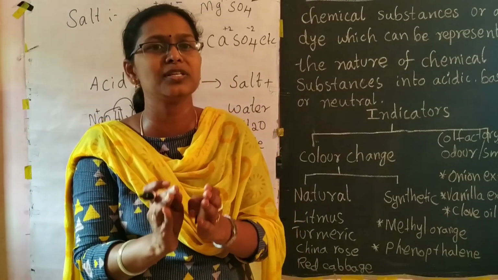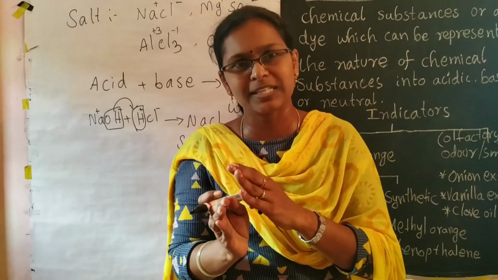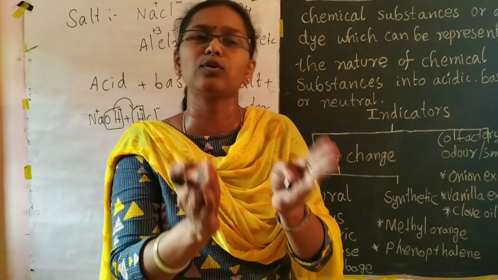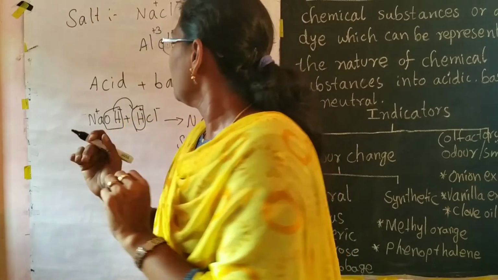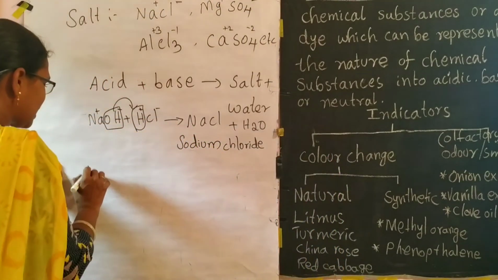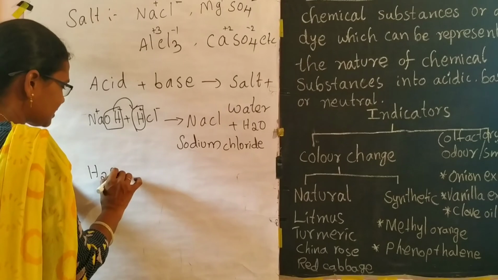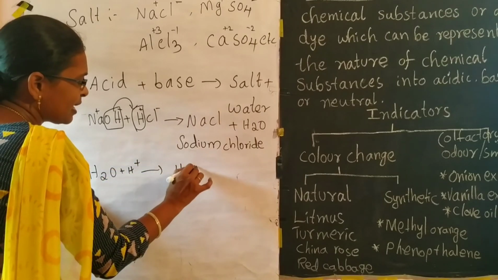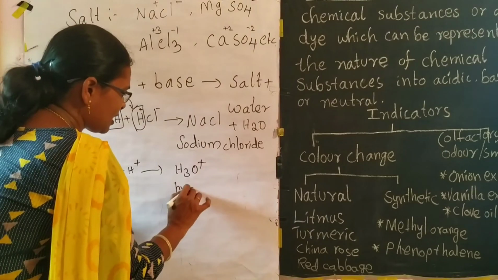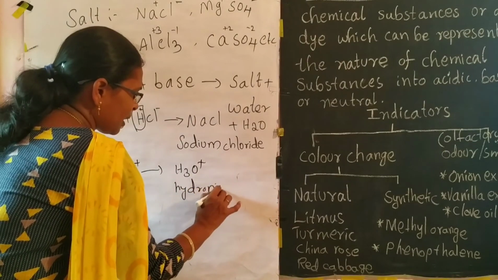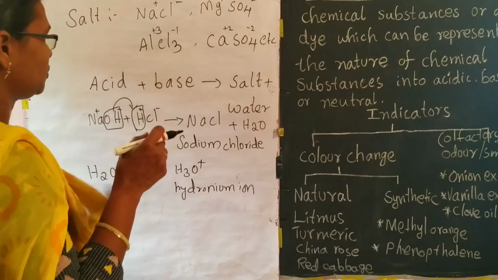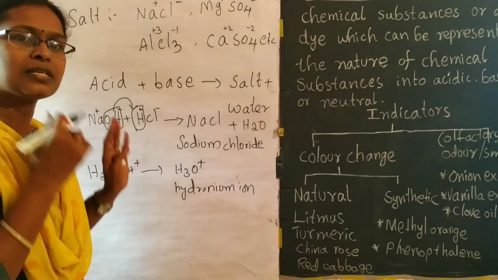That is why we use the words neither acidic nor basic, because we remove the hydroxyl ion and the hydrogen ion both. In an acid, the H plus forms H3O plus, which we call the hydronium ion. An ion is nothing but a charged particle, as I mentioned just now. Based on this, we can identify salts.